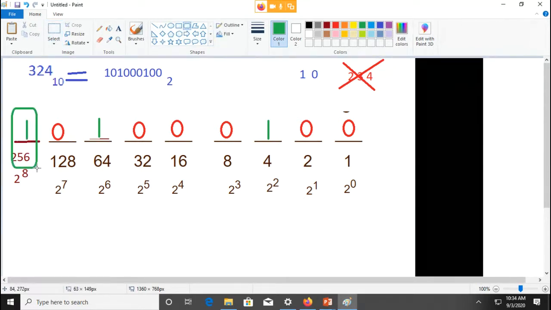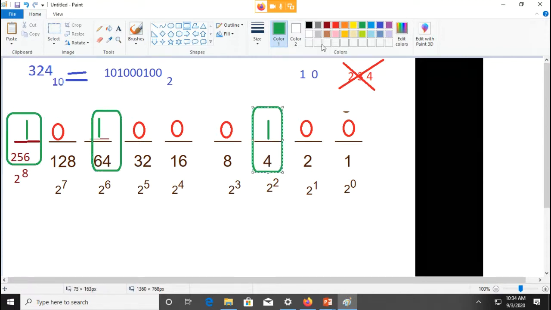We take 1 times 256, 1 times 64, and 1 times 4, and then we take the others: 0 times 128, 0 times 32, 0 times 16, 0 times 8, 0 times 2, 0 times 1, and we add them all together.